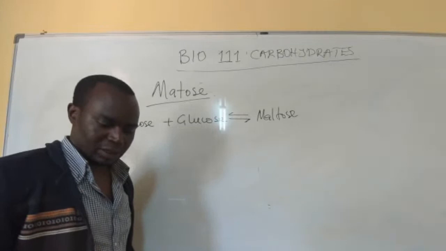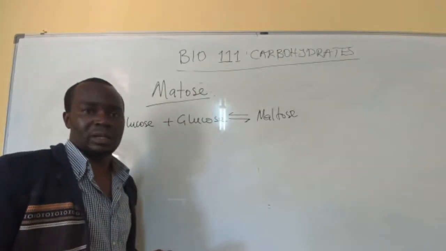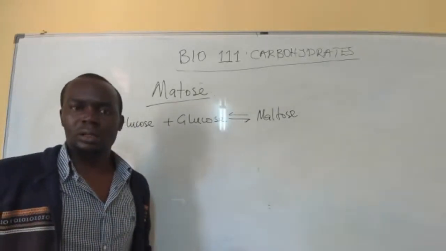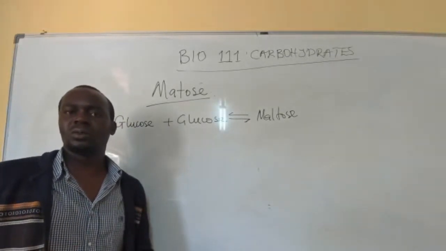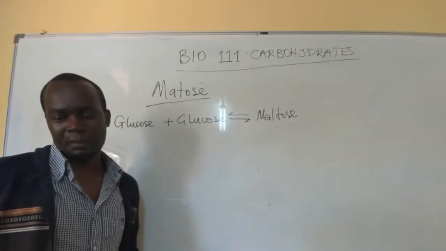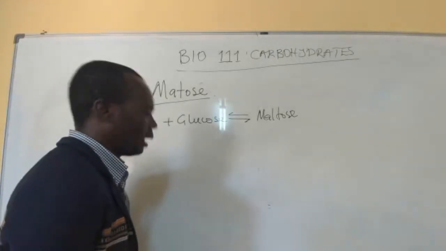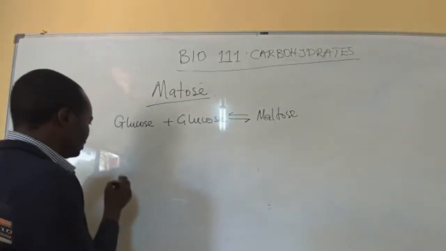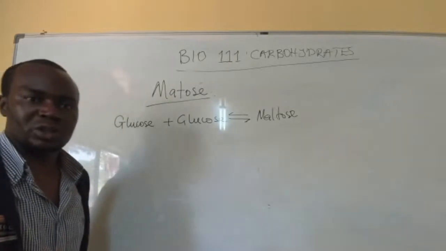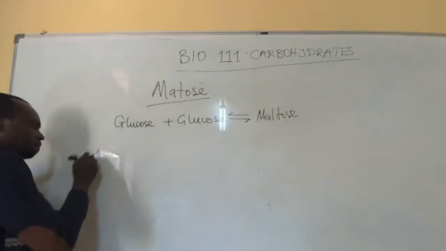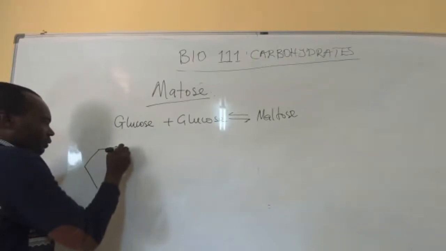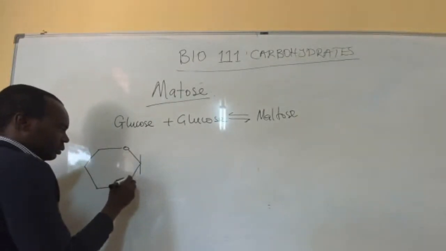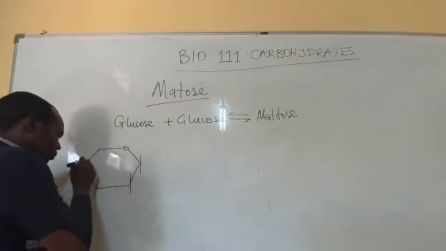Now I'm going to illustrate. Whenever a question asks you to illustrate, mostly they want you to actually not just explain what's taking place, but to also show them in terms of structure. All right, so I'm going to illustrate how this maltose is generated, which is a disaccharide, through a condensation reaction. So now we have got two glucose residues, or rather two monomers.